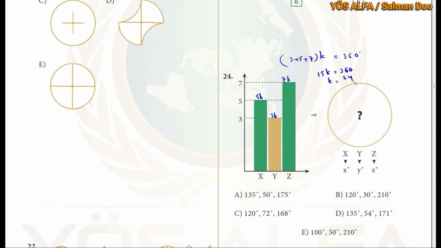K is 24. So X is 5K, 24 times 5 is 120. And Y is 3K, 24 times 3 is 72. And 24 times 7 is 168. So the answer is 120, 72, and 168.